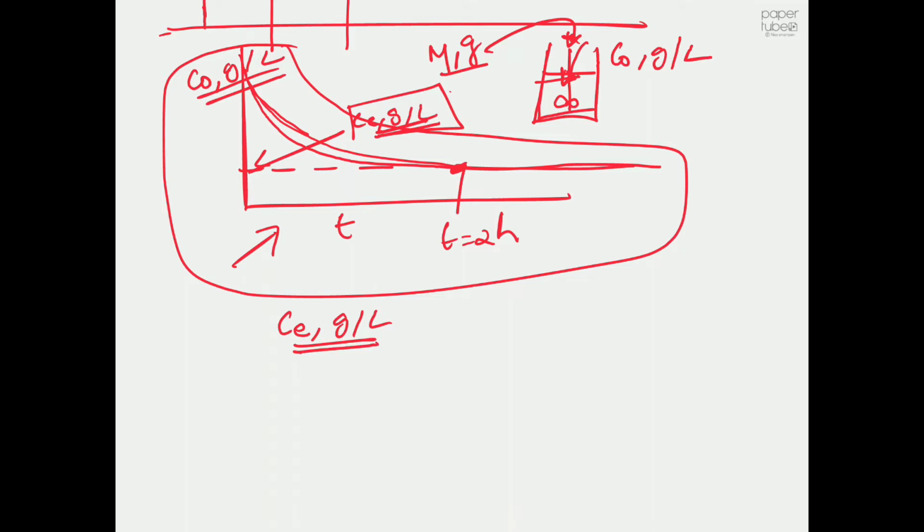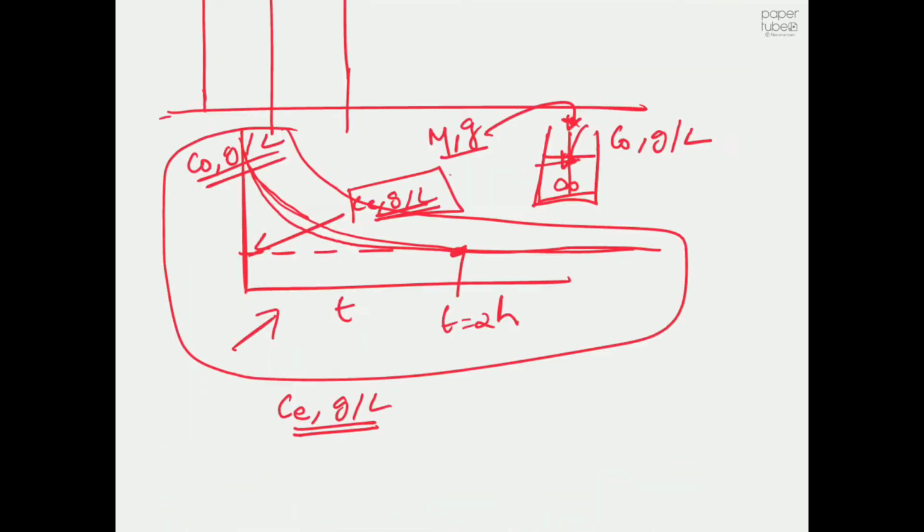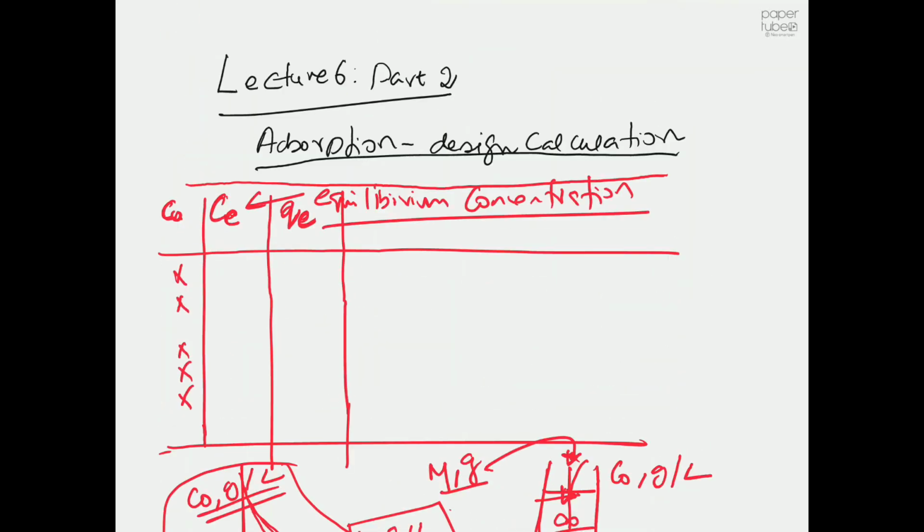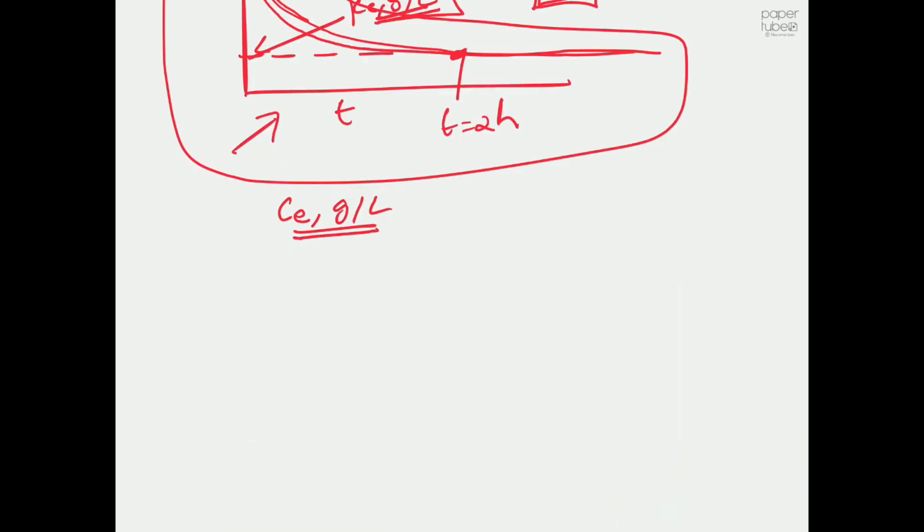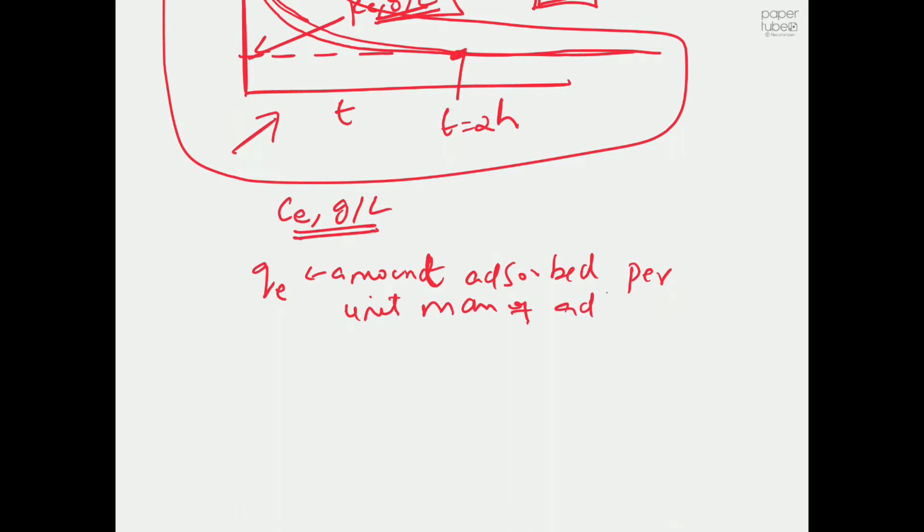So you can repeat this experiment starting from different initial concentrations, and then you can measure the CE value. From there you will get your QE value. I said QE is nothing but the amount adsorbed per unit mass of adsorbent.